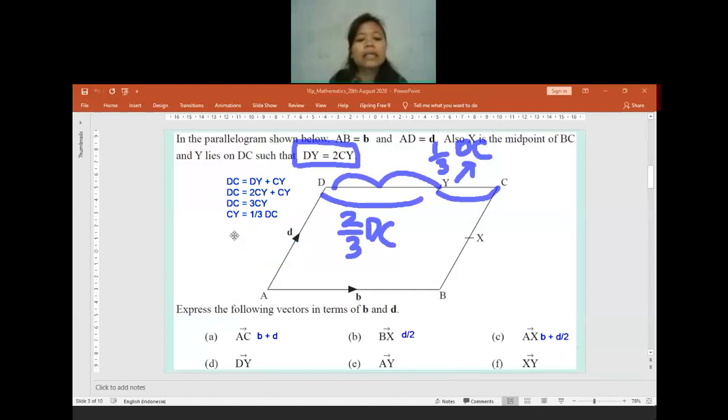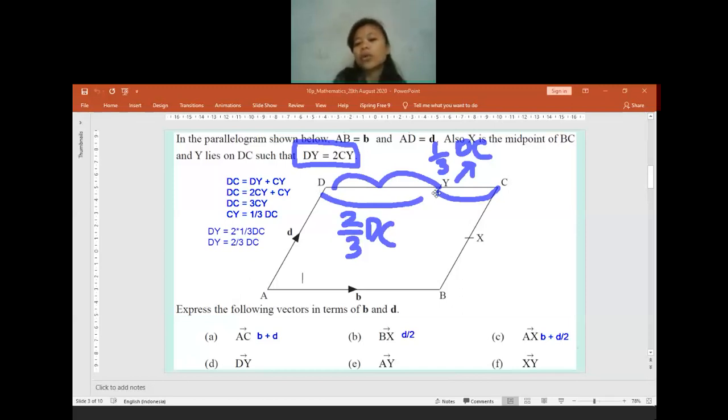You can try to draw a diagram, like make a sketch, or you can do it with the algebraic function. You can pick. If I use the diagram, I can see that dy is 2 times of cy. So it means I can make 2 lines in here, each as long as cy.